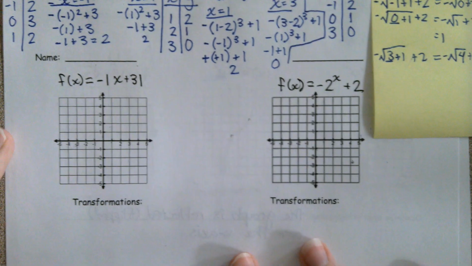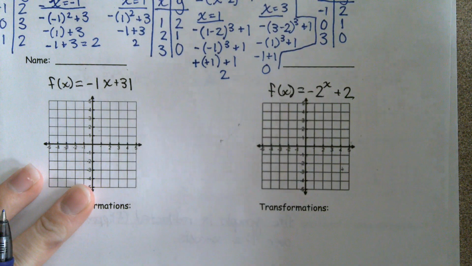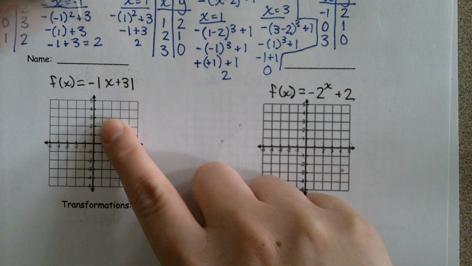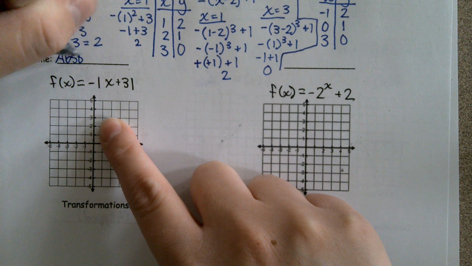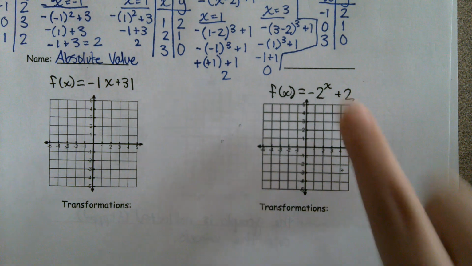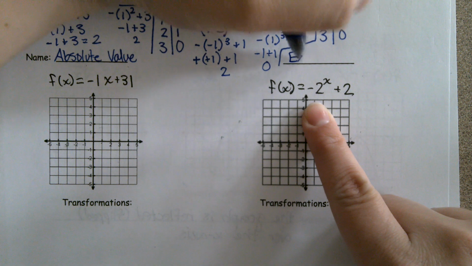All right, 2 more graphs. These are 2 different functions, so we're going to review their names. This one here is the absolute value function. And before I forget, I'm going to do this one. This one is the exponential function.